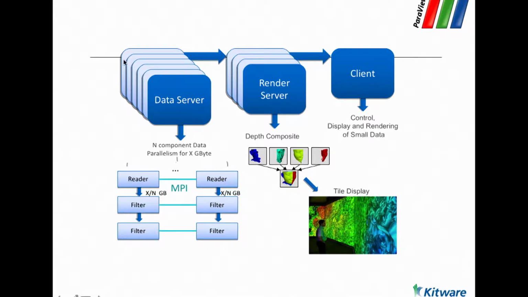The pipelines are executed on each of the nodes on the parallel machine. Those generate a piece of the image. Those images are composed in Z order, and the resulting image is sent back to the client, or it's sent to one of these large tile displays.